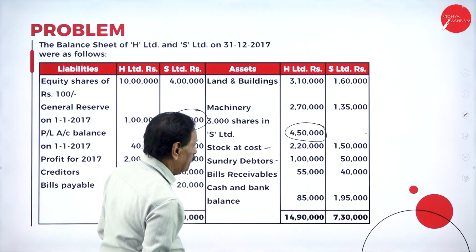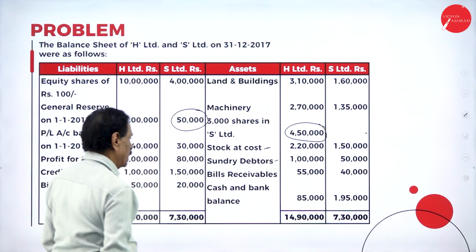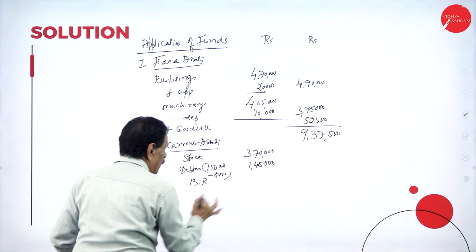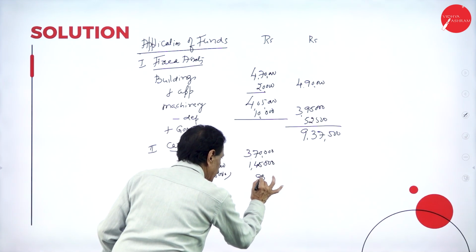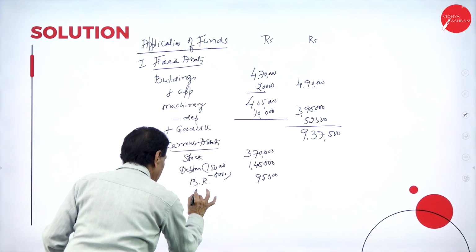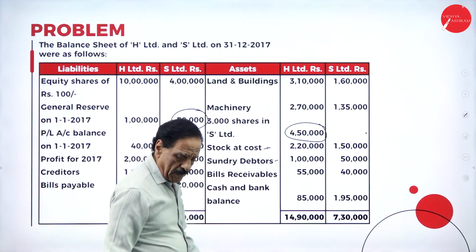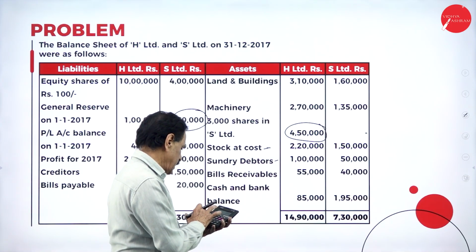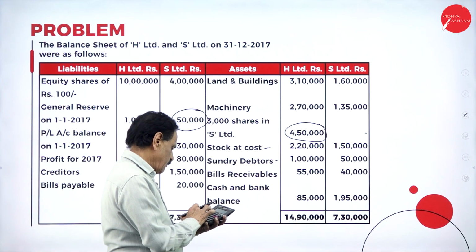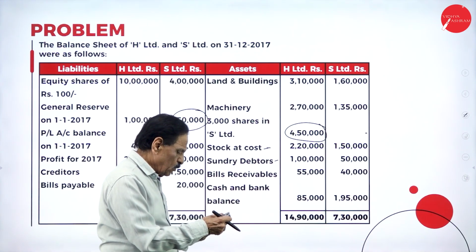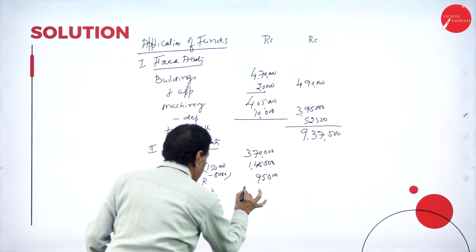BR 55 plus 40, 95,000. BR 95,000. Bank 85 plus 1,95,000, 195 plus 85,000, 2,80,000.